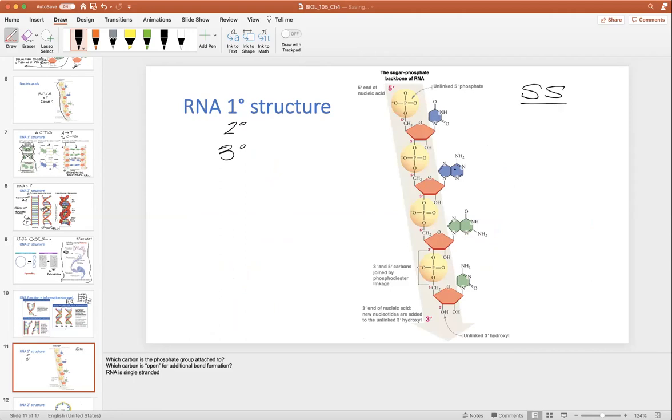So it doesn't have two backbones with complementary base pairs in between. It just has this single sugar phosphate backbone with individual bases attached to it. So this sequence right here, without a second side, represents the primary sequence for this RNA. It's just the sequence of bases.